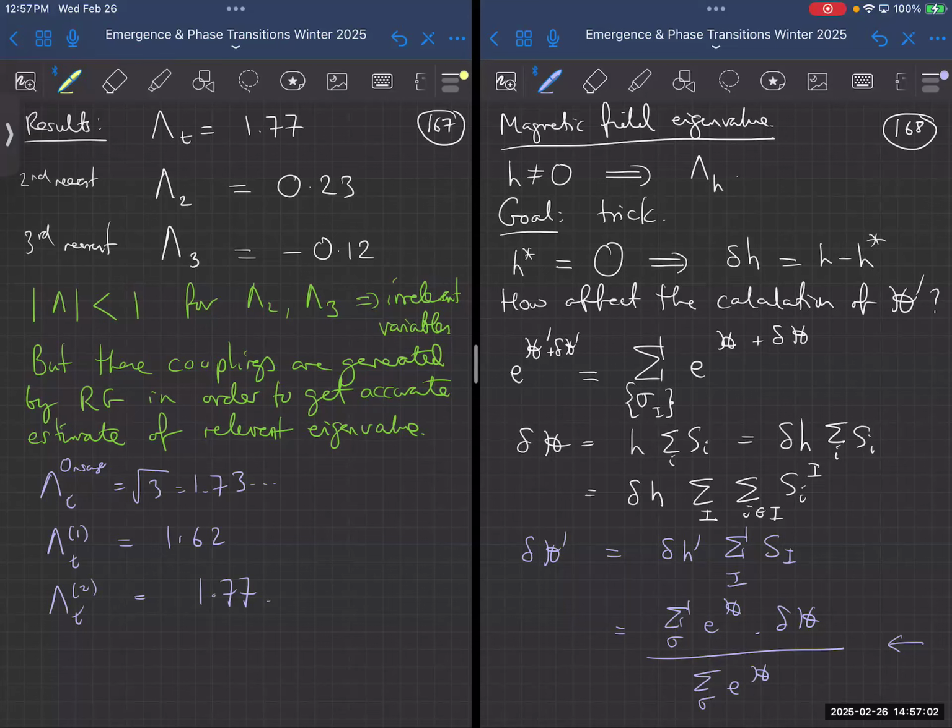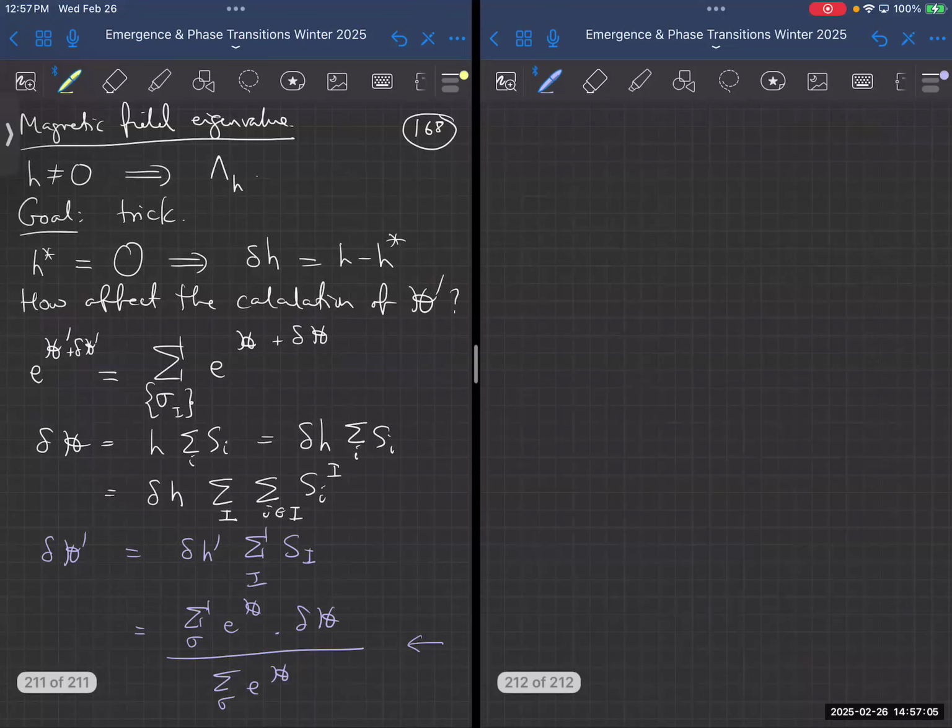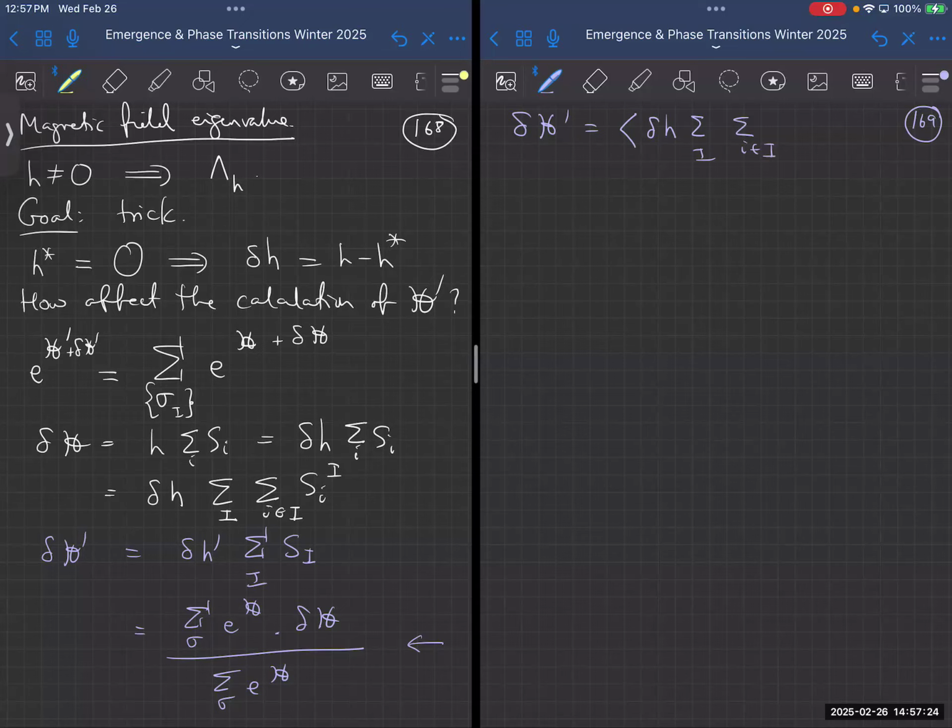Now, the reason this is simple is the following. If I compute delta H prime as the expectation value of delta H, sum over I of S_i, like so, I can write this as delta H, then the sum over I of S_1I plus S_2I plus S_3I.